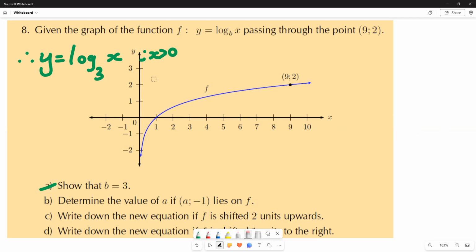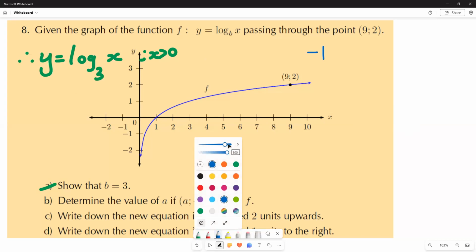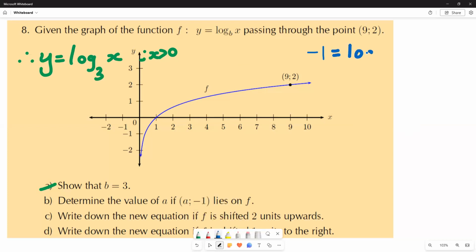Okay, perfect. Then they want us to determine the value of a if this point lies on f. I can see that my y is -1, so I'm going to put -1 there. So -1 equals log base 3, and my x is a, so where there's x, I put a.